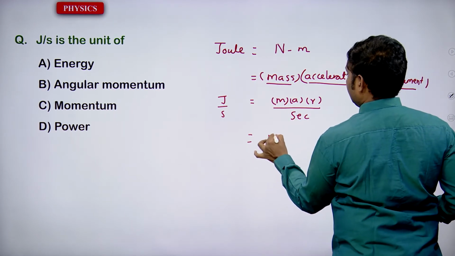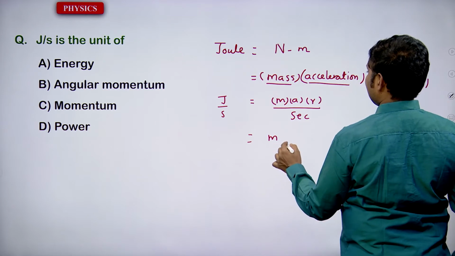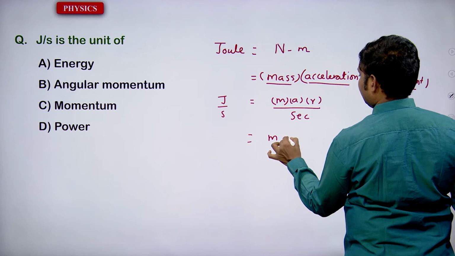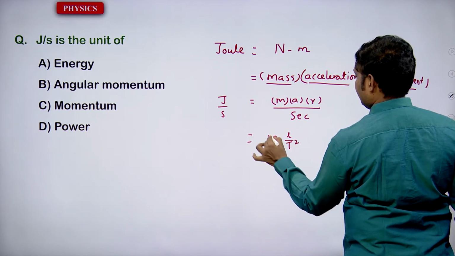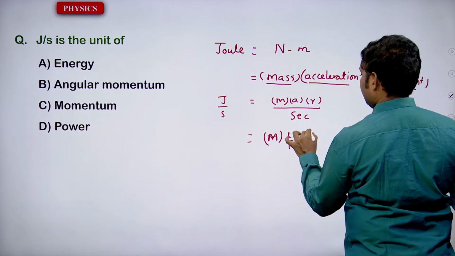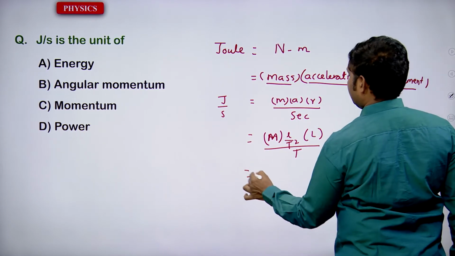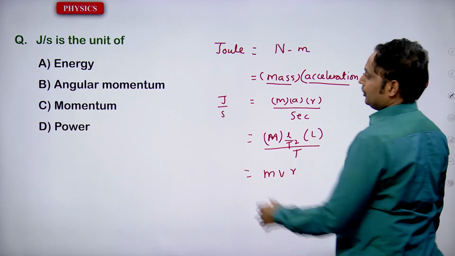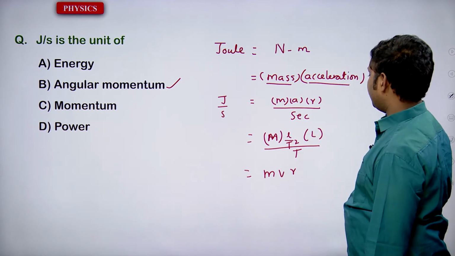So, if you are going to get that M, L by T square, and this is going to be L, this is going to be T, just we have to get that mvr, right. So, this is the unit for angular momentum, just you have to take this one, all right.